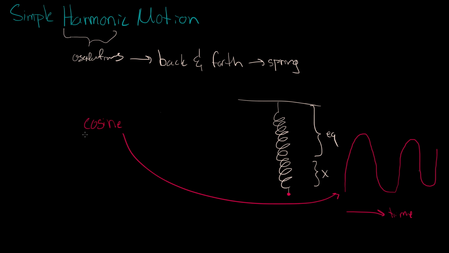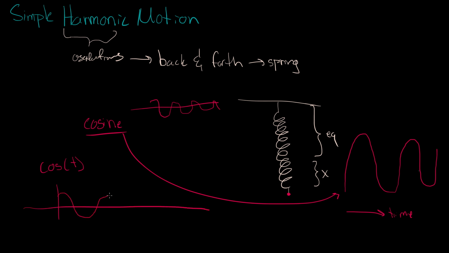If you remember back to your trig and pre-calc classes, cosine essentially just looks like an up and down graph, centered around 0 with an amplitude of 1. And you might also remember that you can influence this cosine function by adding variables around it. For example, if you were to write cosine t, it might have a period of 1, and period is just the amount of time it takes to go right back to the point it started at.